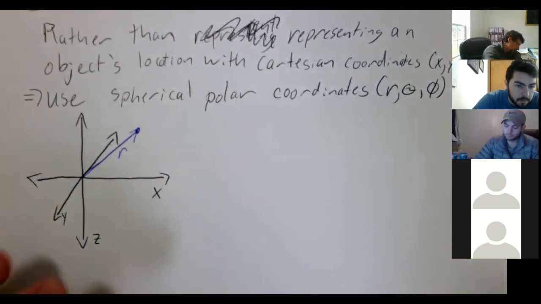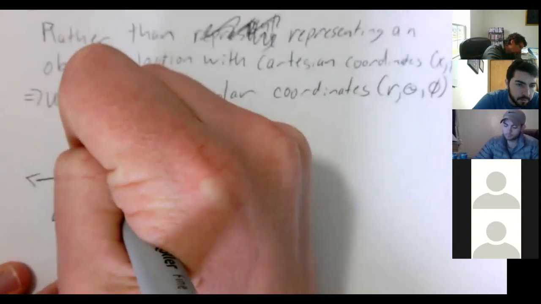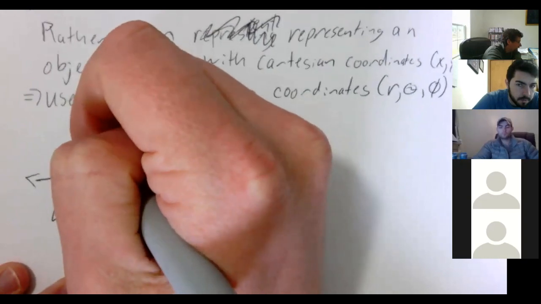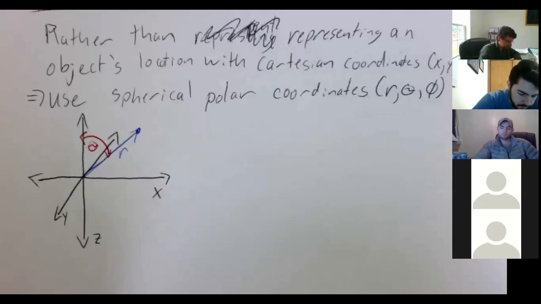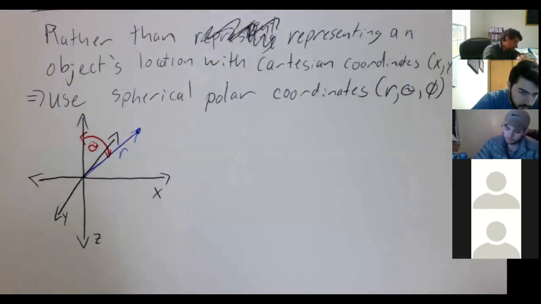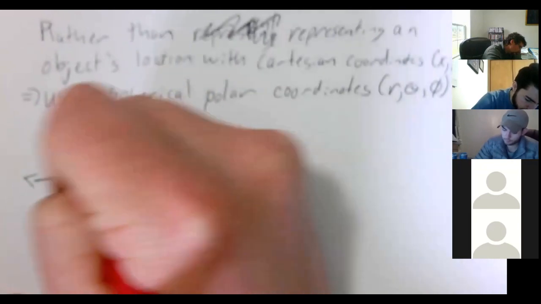So this angle we'll denote as theta. And we're going to mark where this point is in space.